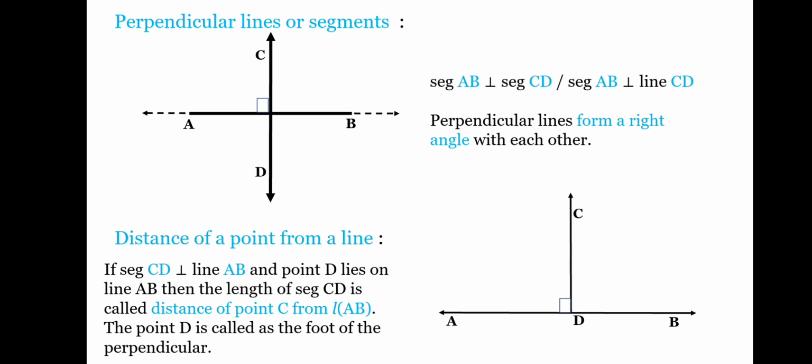Because point D is lying on segment AB. So if point C is at a distance of 2 cm from point D, then point C will also be at a distance of 2 cm from line AB, because D, which is called the foot of the perpendicular, is lying on the line AB.